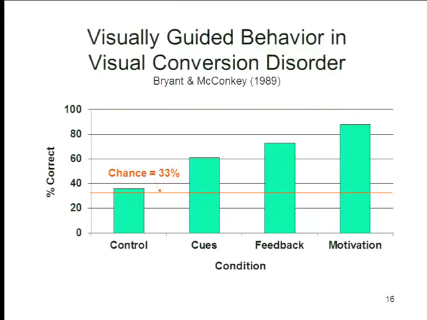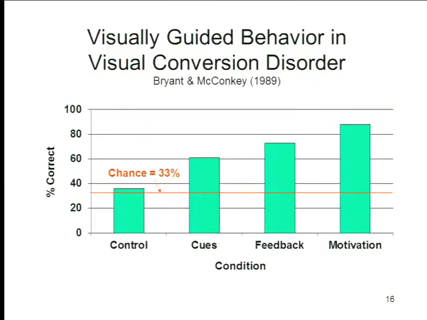Later on, they actually told her that there are lights above the switches, and they'll tell you which one is the correct switch to push. Even though the patient claimed that she could not see the lights, still under feedback, her performance went up again to about 75% correct.